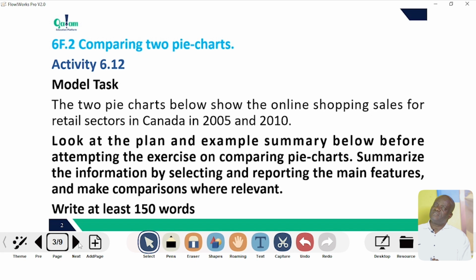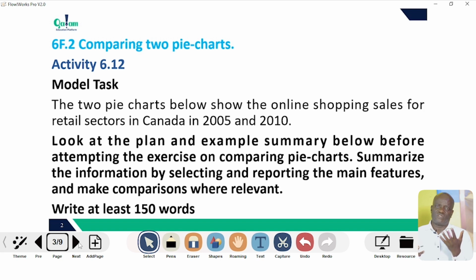So activity 6.12, we are looking at a model task. The two pie charts below show the online shopping sales for retail sectors in Canada in 2005 and 2010.